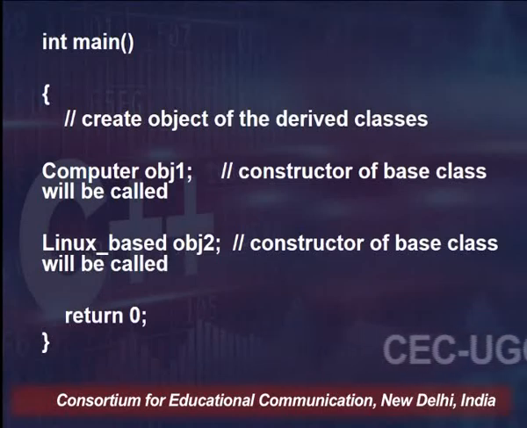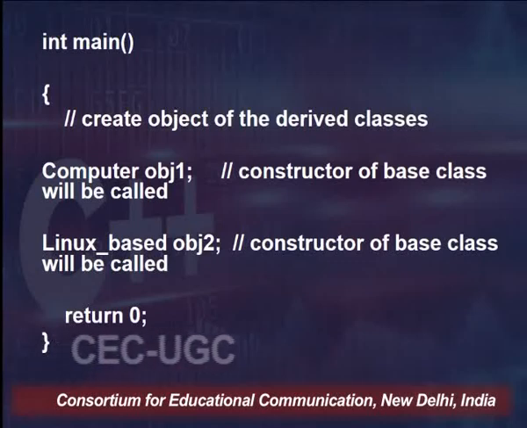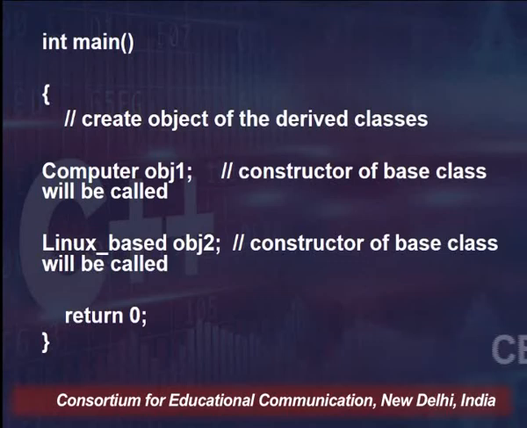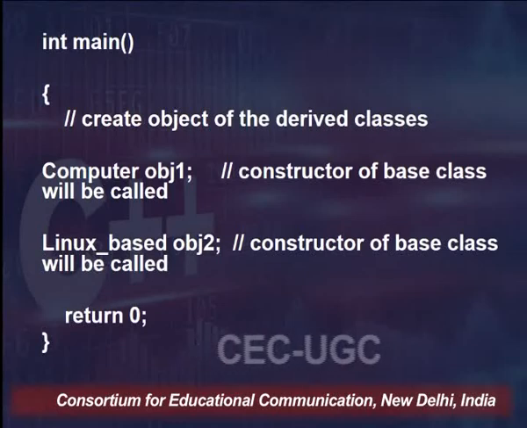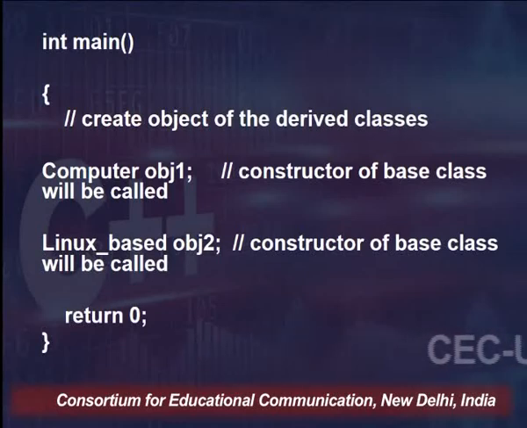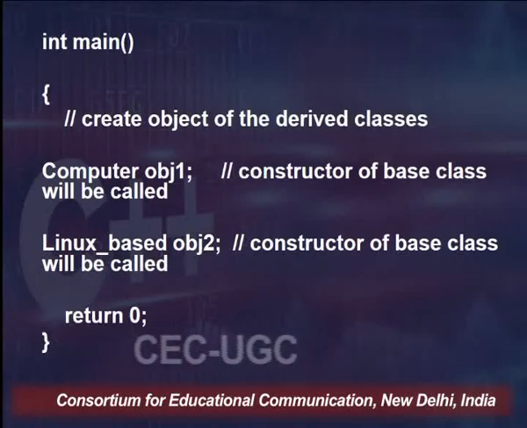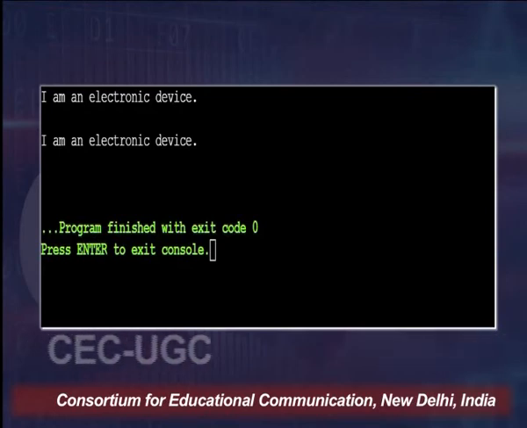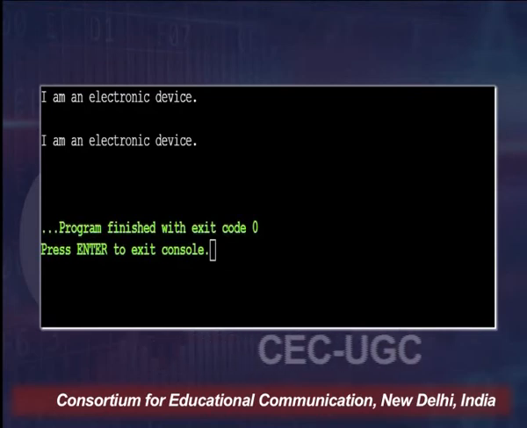So in both statements, where we are creating obj1 and obj2, because of the absence of the body of the class, we are actually calling the constructor of the base class for computer, which is electronic device, and the constructor of the base class for Linux based, which is again electronic device. So here you can see in the output, it says I am an electronic device and again I am an electronic device, and this was the expected output.